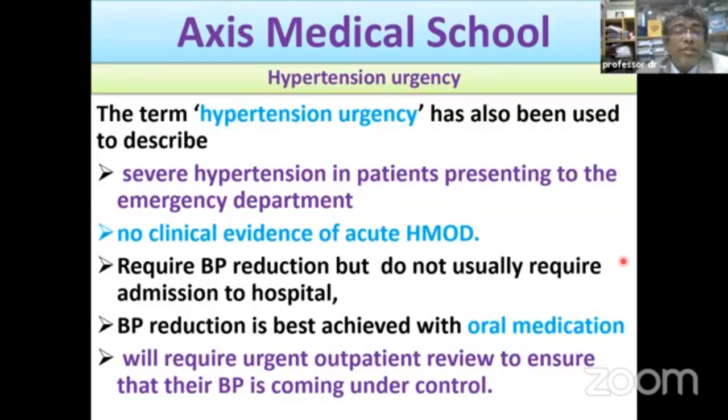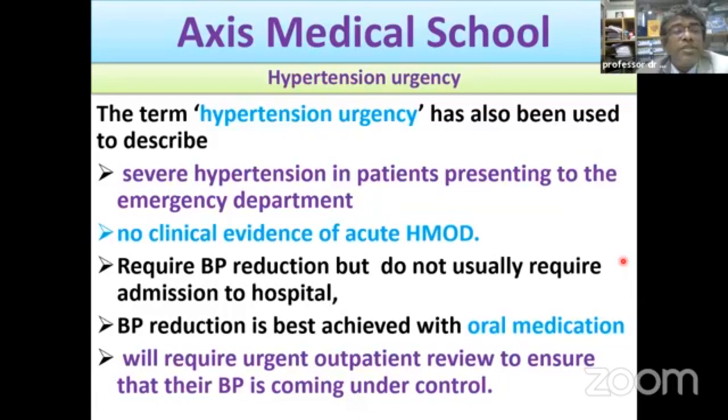So this group of patients may be treated in outdoor or clinic settings, or even at home, without any admission to the hospital. And this group of patients should usually be treated with oral antihypertensive medications.